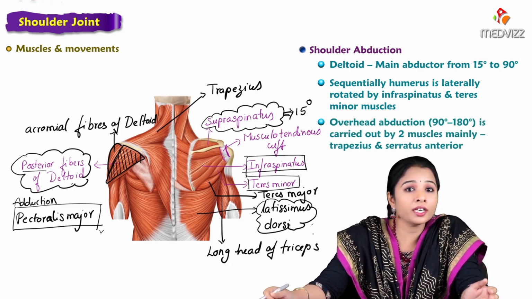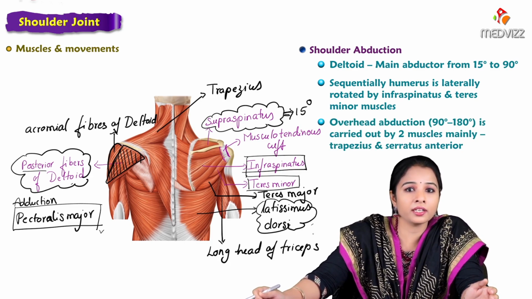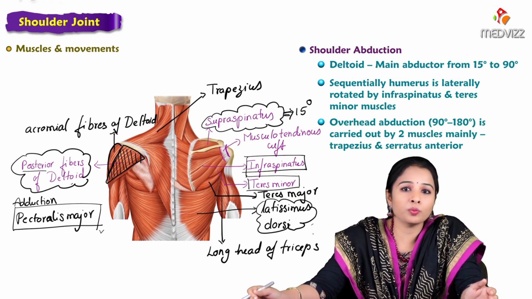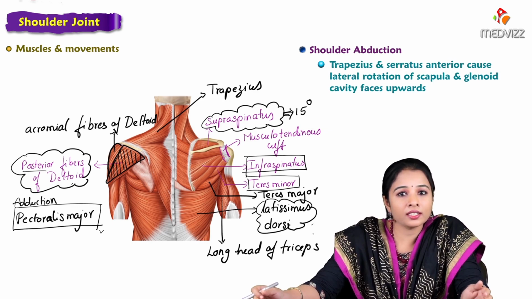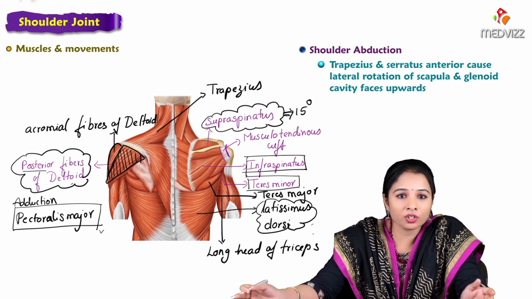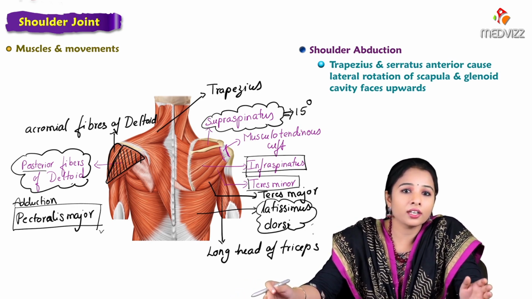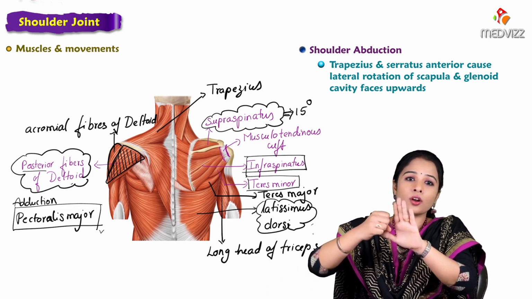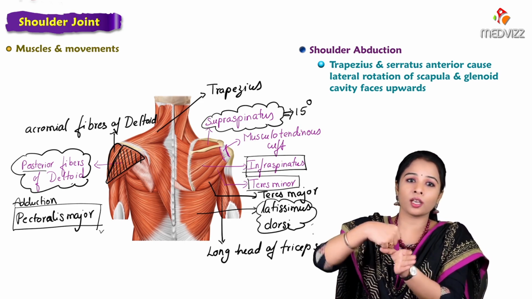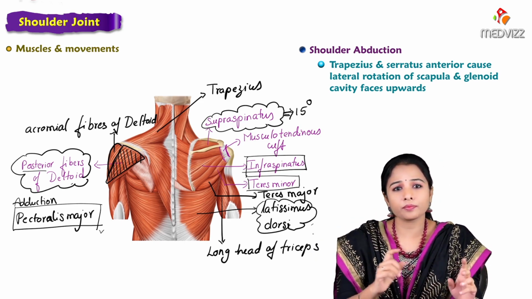And the next, overhead abduction, that is 90 to 180, is carried out by two muscles mainly, that is trapezius and serratus anterior muscle. So during abduction, trapezius and serratus anterior cause lateral rotation of the scapula and the glenoid cavity eventually faces upwards. So the scapula also rotates along with the head of the humerus.